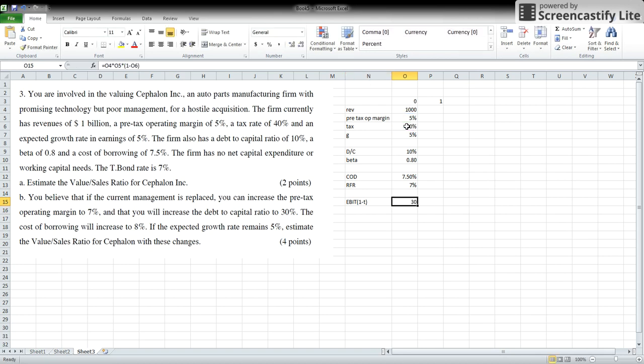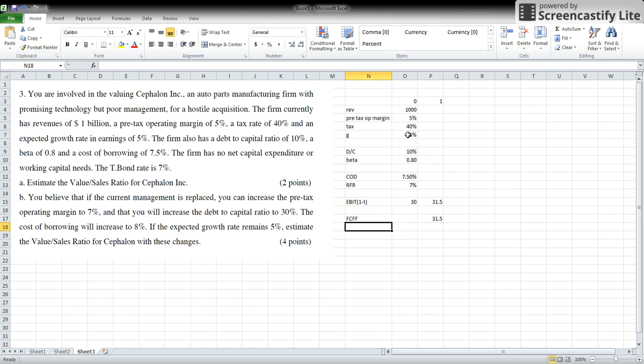The number comes out to be 30. And you know that this is going to be growing at 5%, so next year's EBIT is 31.5. As there are no capex and working capital requirements, this also is your next year's free cash flow to the firm.